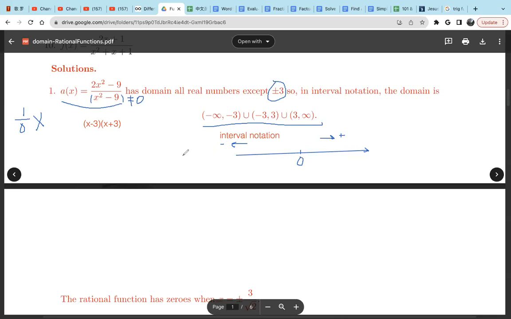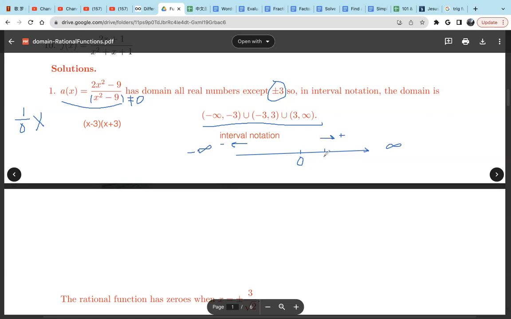Right? What's at the very left end we call -infinity, and what's at the right end is called positive infinity. Infinity is just an idea, so it's not a number. Whenever we talk about infinity, we use open parentheses. In this case, 3 and -3 are not in the domain.